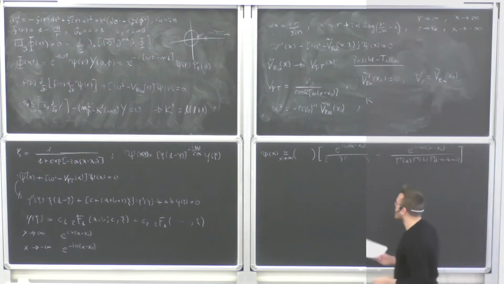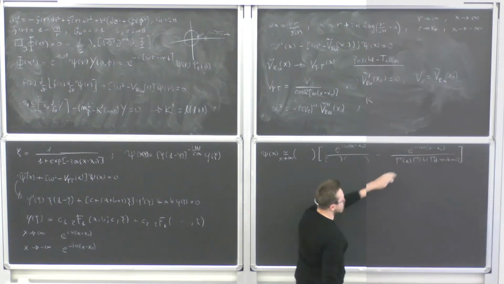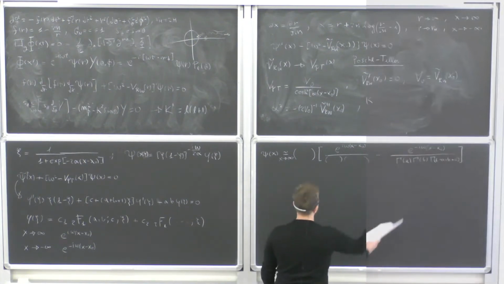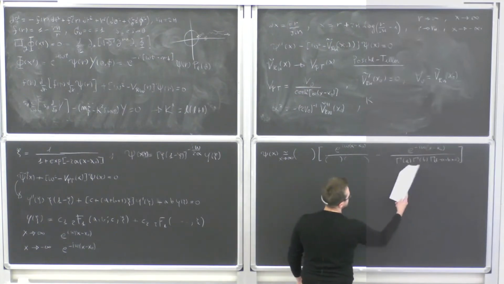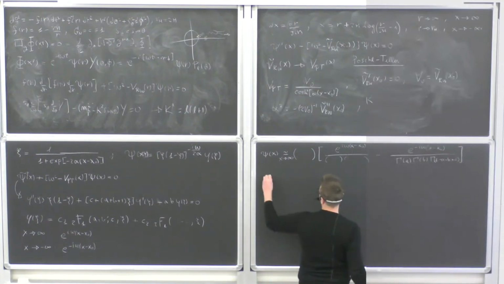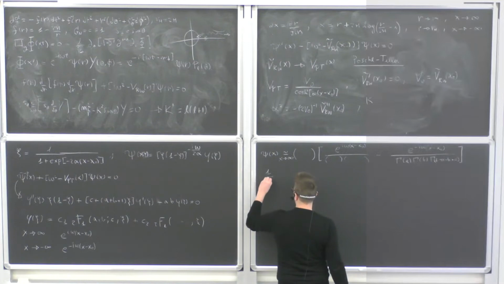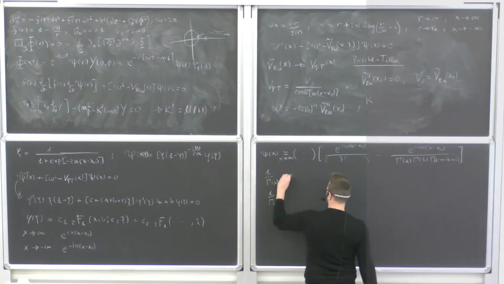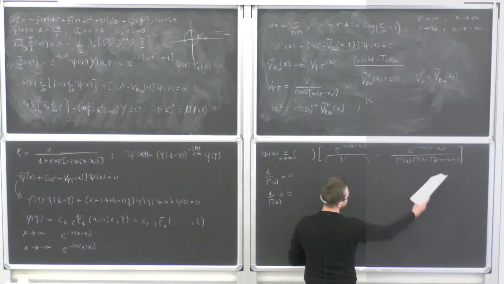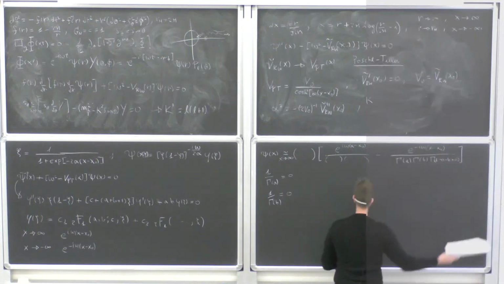Okay. Now, since we want to get rid of this ingoing wave behavior at infinity, we can either ask that 1 over gamma of A or 1 over gamma of B go to 0. If you do it for this case, you get some inconsistencies.